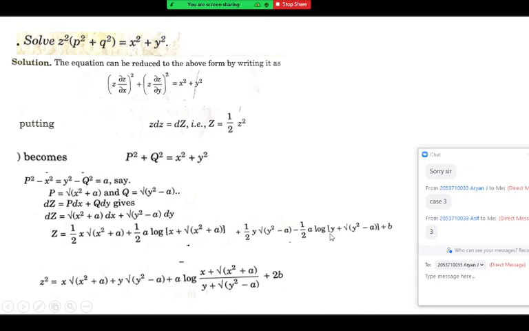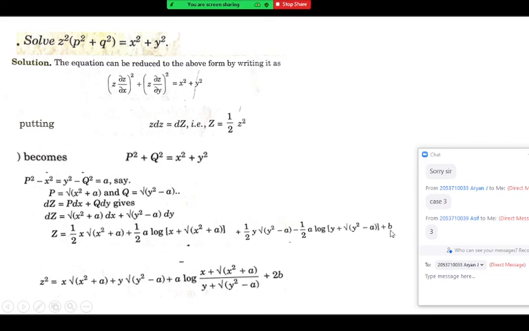If anyone has any doubt, you can ask. Here plus B is a constant of integration, because you are integrating the equation dZ equal to P dx plus Q dy.